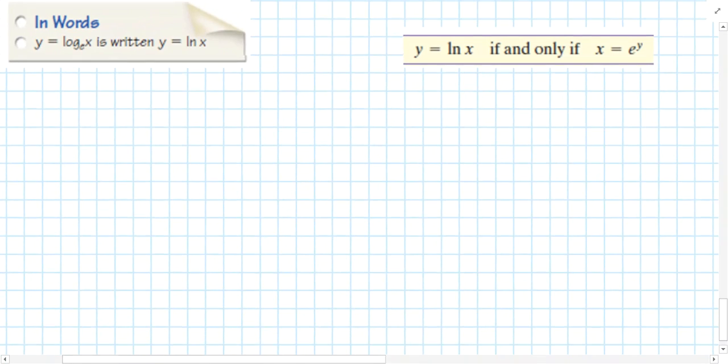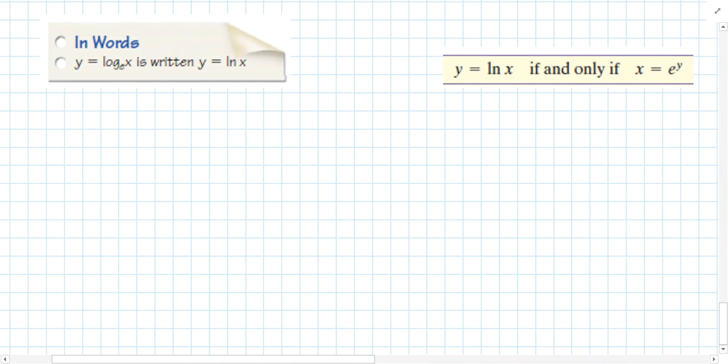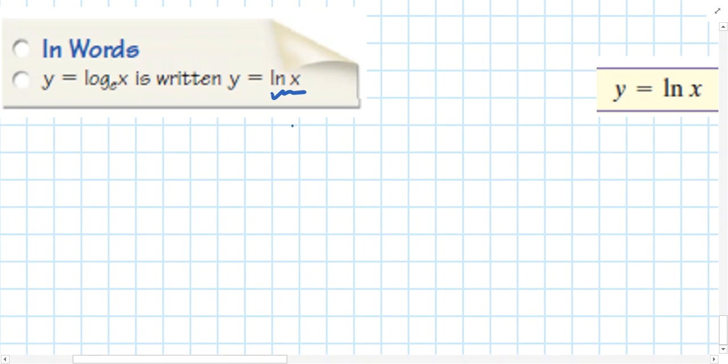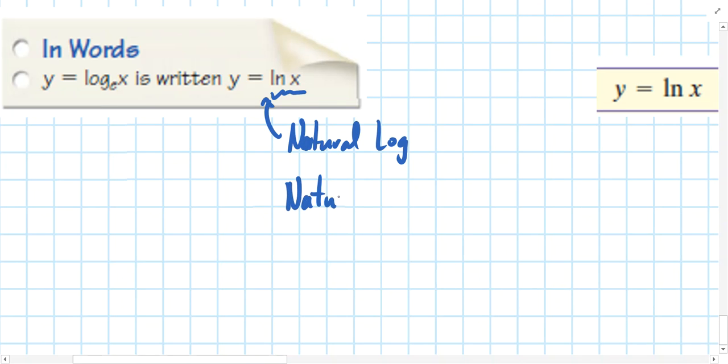Now the very last thing I'll remind you of, hopefully you've seen this before, is this phrase ln x. This stands for the natural log of x. Natural log is written with ln. There's such a thing called a natural base, and the natural base is that letter e that we saw before.